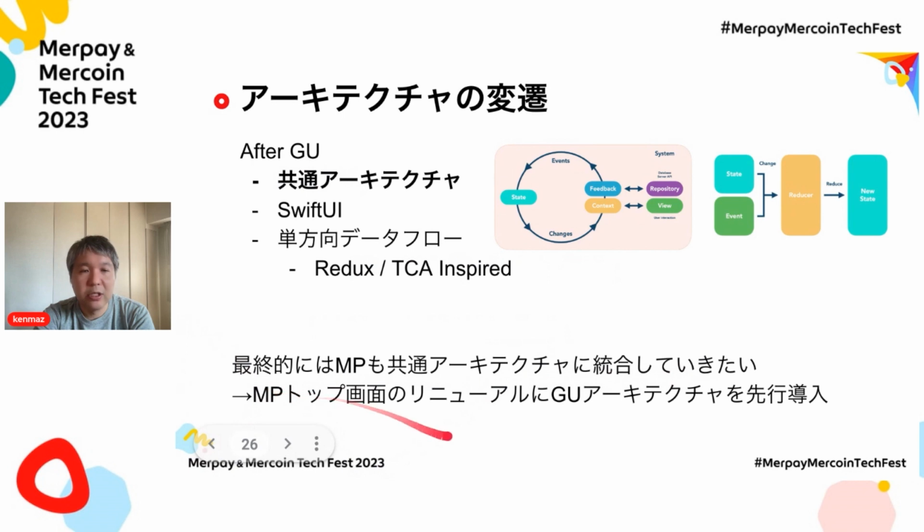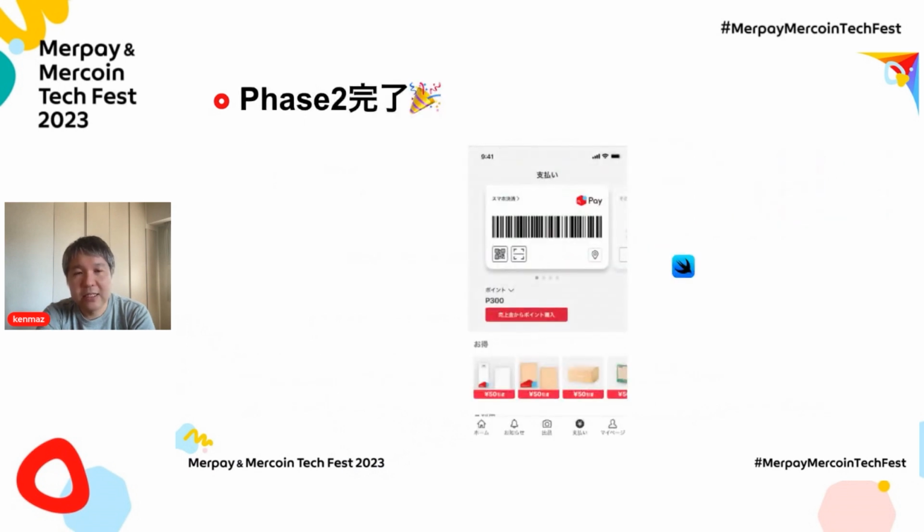So as the first test, the Merpay top screen renewal project was planned separately, and because it's a new development, we introduced the GU architecture first. That way the development was completed, and at this point, the Merpay tab was renewed.